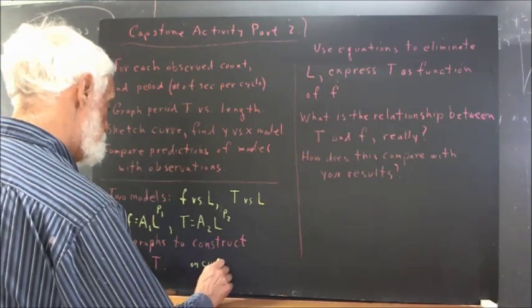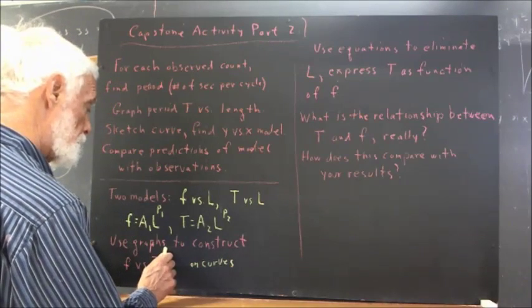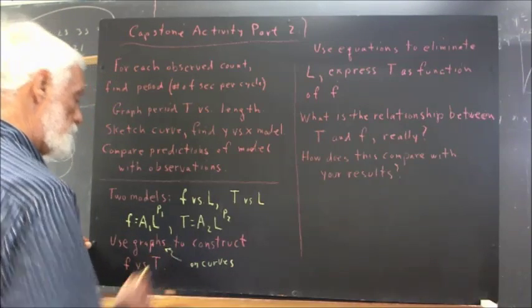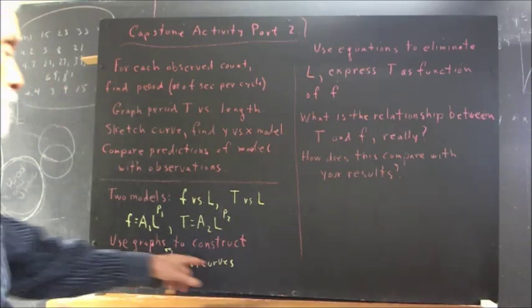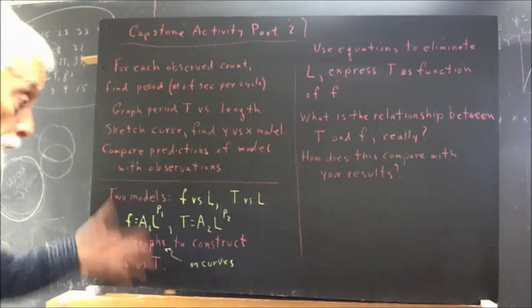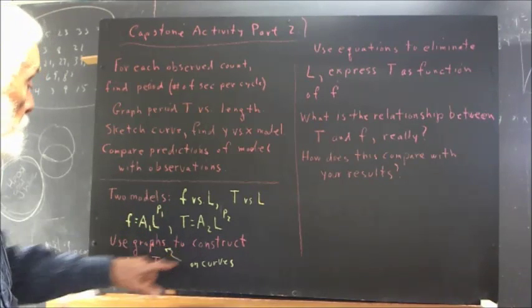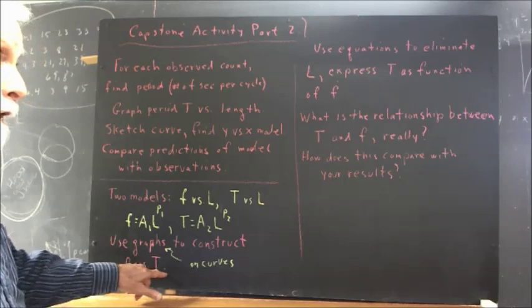I don't want you to use your data points. Remember, we're done with those once we have the curve. And using the information you can get from those curves, you can use coordinates. You've got a scale now. I want you to construct a graph of F versus T.